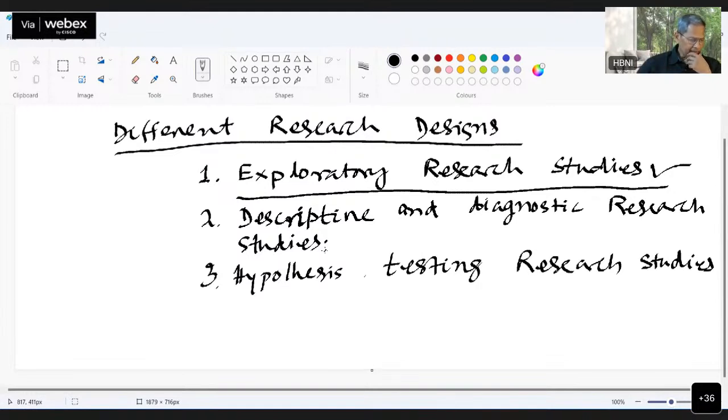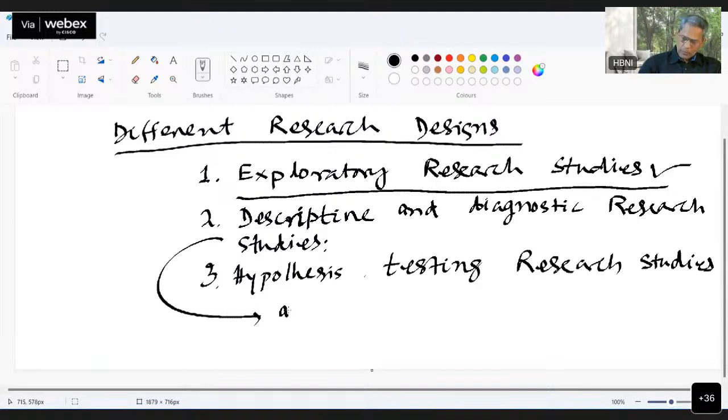In descriptive and diagnostic studies, the research design must be rigid, because here your research design has to be very rigid and well defined from the beginning, and it's not flexible. And you must pay attention to some of the points that will be discussed now. So let me see.